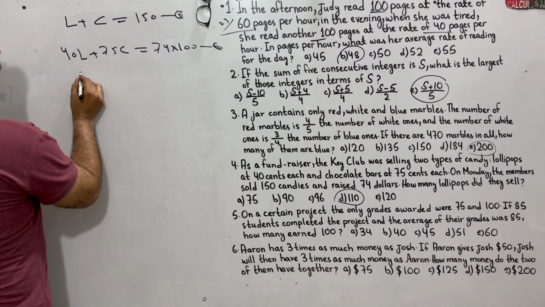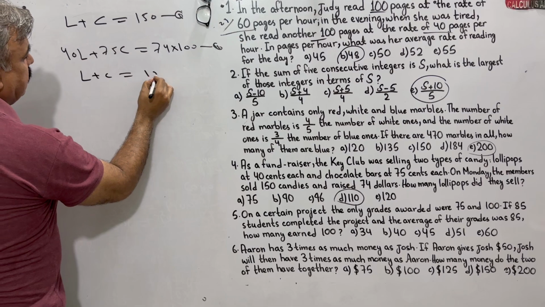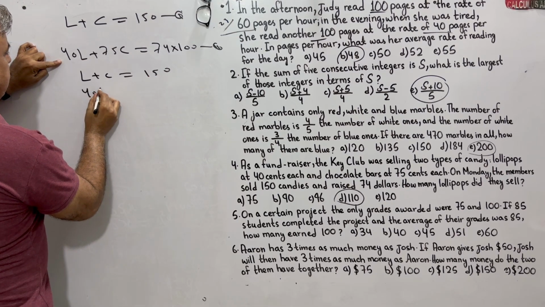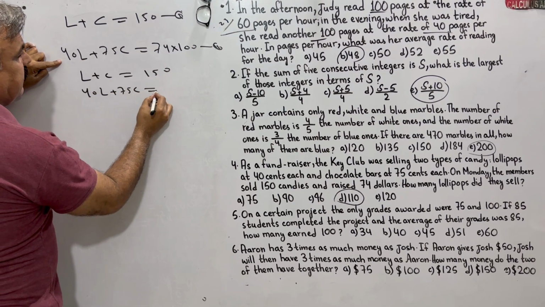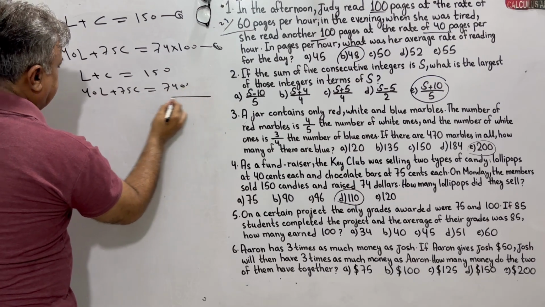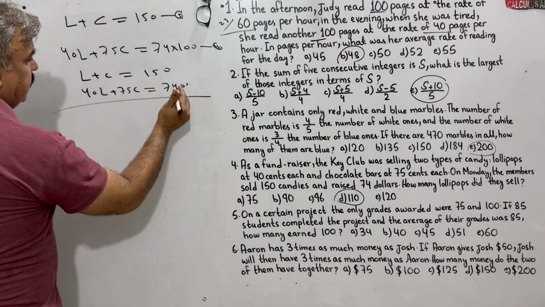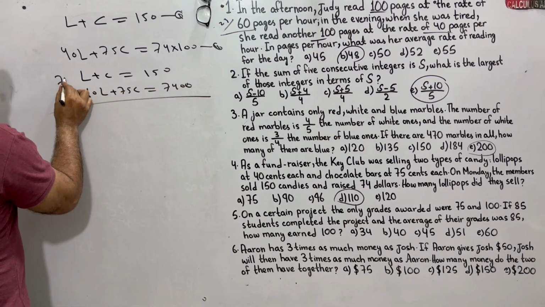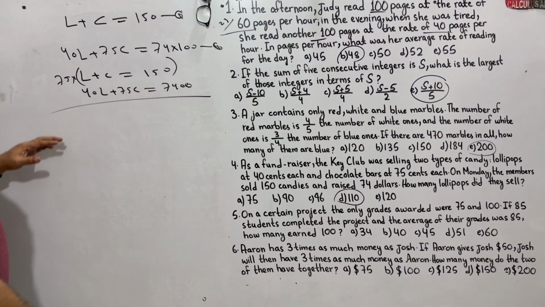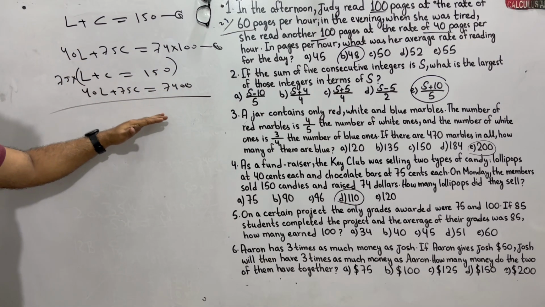So I am going to have L plus C is equal to 150, and 40L plus 75C is equal to 7400. You can adopt this strategy to solve for lollipops. Multiply this one with 75 and solve it as a two-dimensional equation.